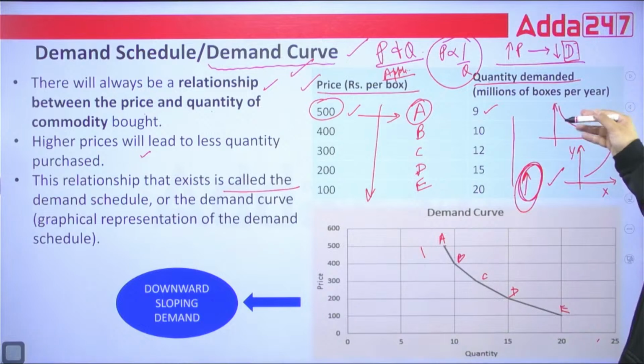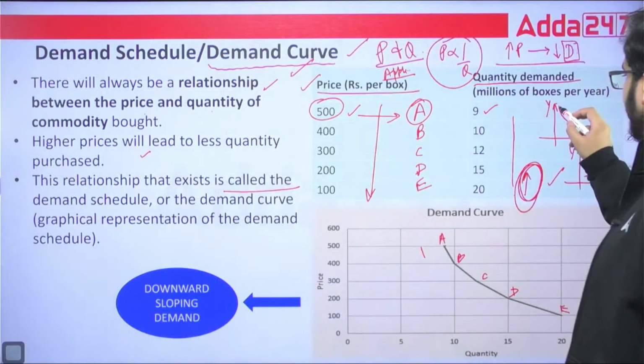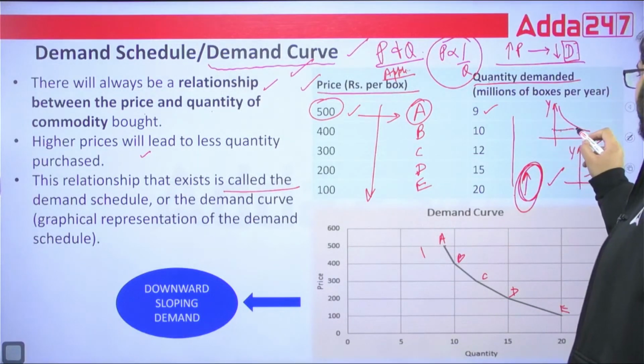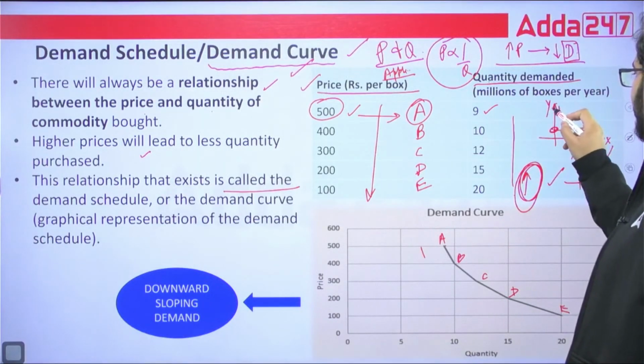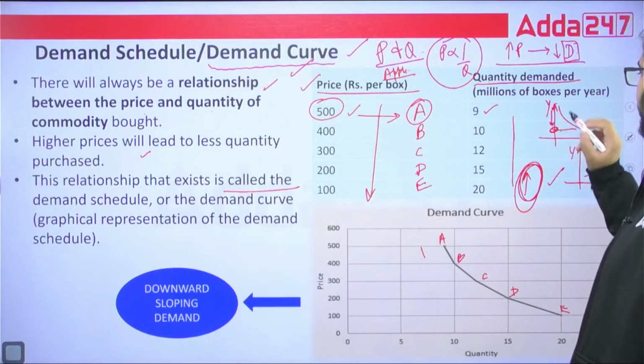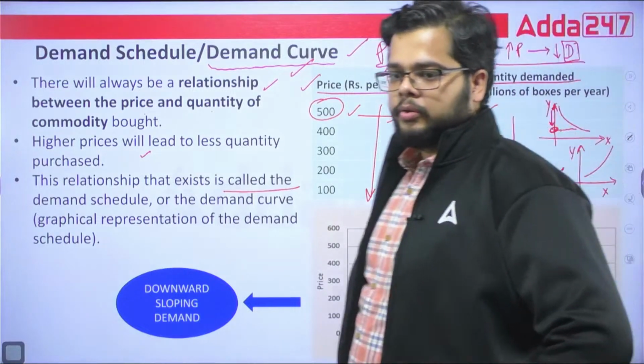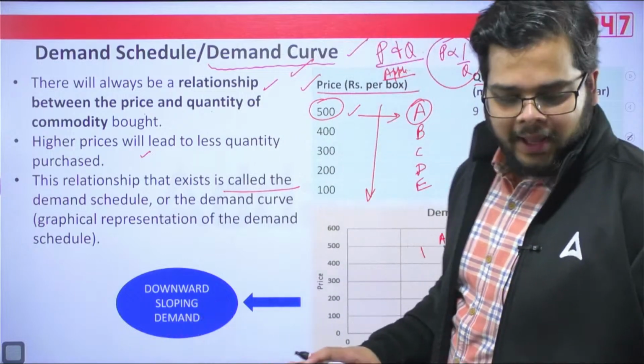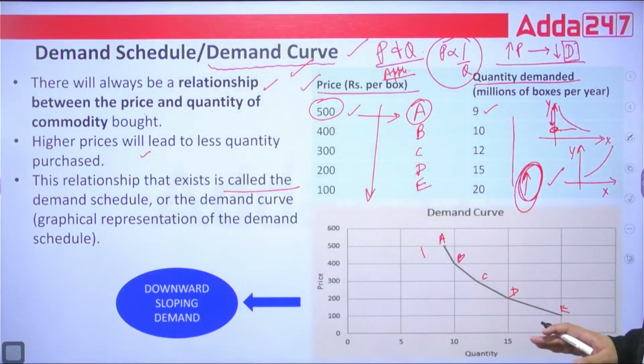What the inverse relation says is, if the x-axis moves towards the right, it is increasing, but the y-axis is decreasing. From here, it has fallen down to here. So demand schedule and demand curve, I hope everybody is clear with this concept. Basically, it shows the relationship of your price and quantity demanded.